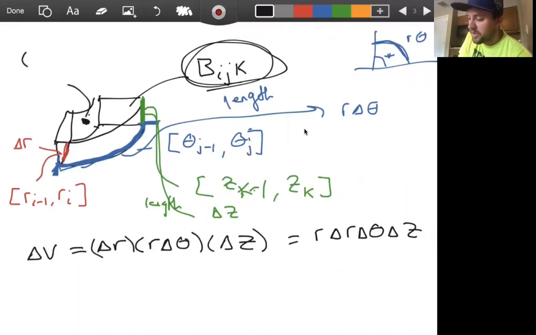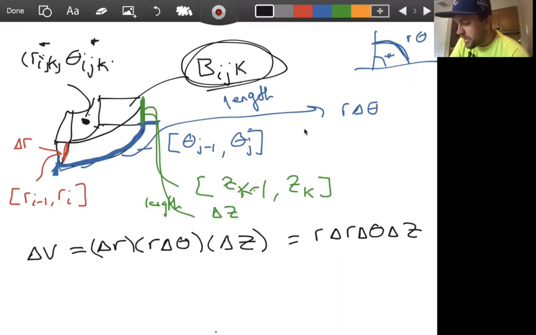And the sample points we'll call r_ijk star, theta_ijk star, and z_ijk star. This is a point that we're going to evaluate the function at.